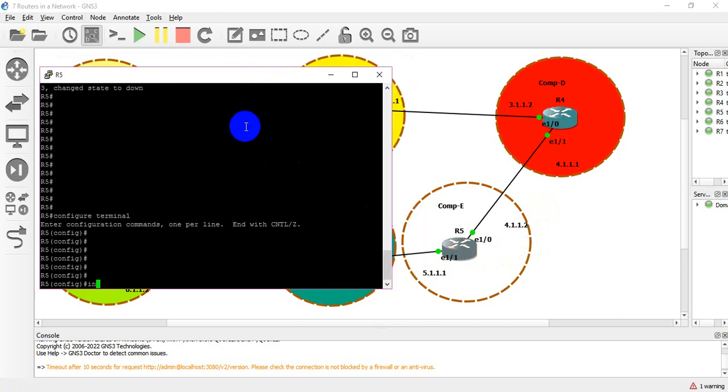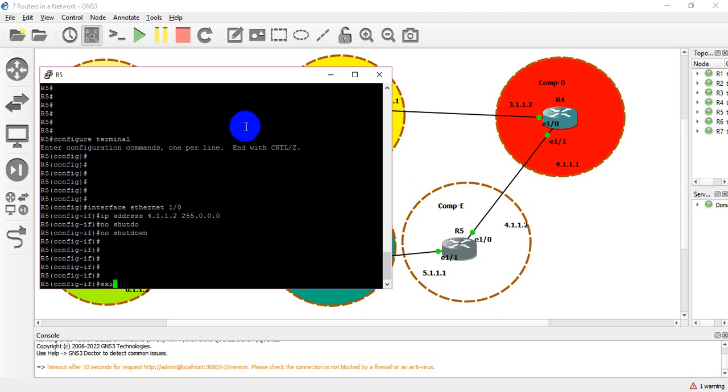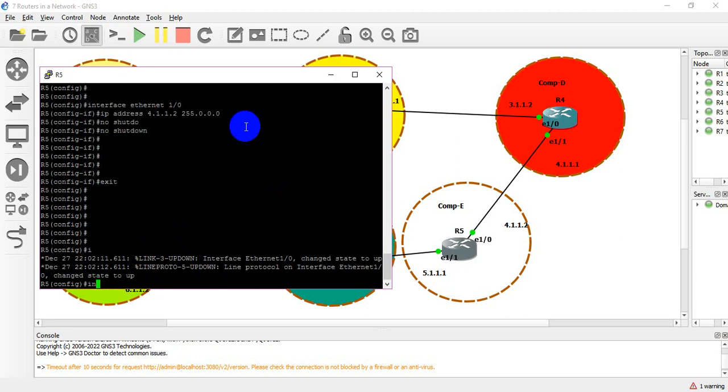Right here, interface Ethernet 1/0, IP address for that 2, subnet mask 255.0.0.0, and no shutdown. Exit from this interface and come to global configuration mode, and after that go to interface configuration mode.